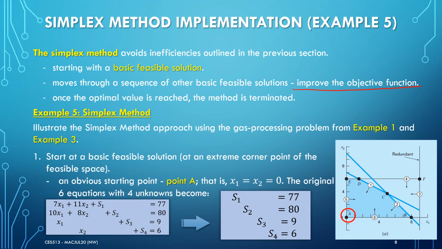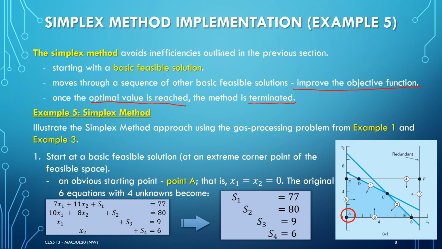Eventually, when the optimal value is reached, the method will be terminated. For example 5, the implementation of the simplex method, we will illustrate the approach using the gas processing problem in example 1 and example 3.